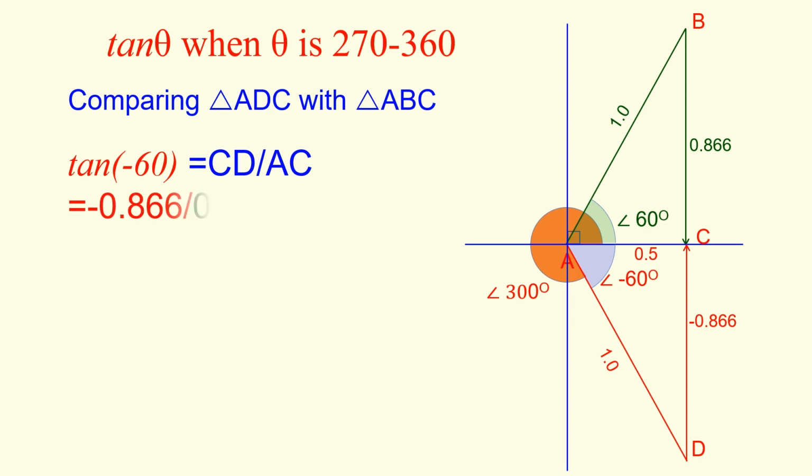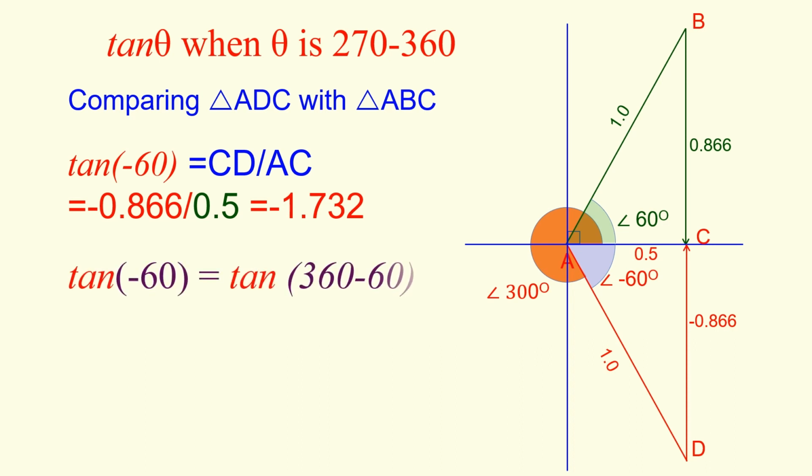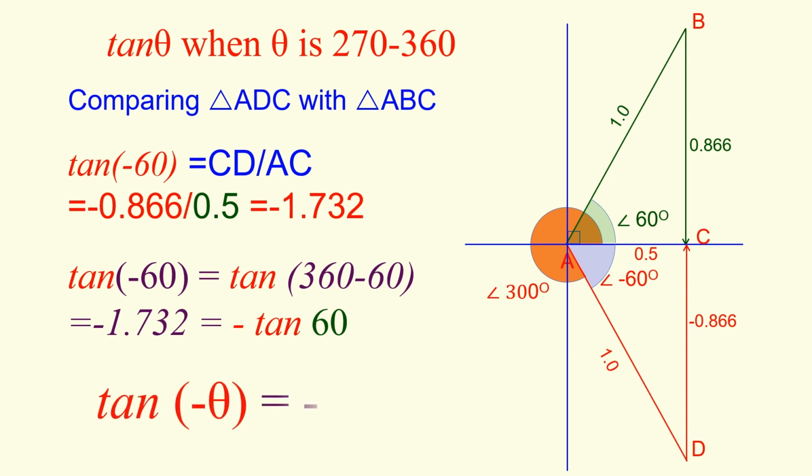Compare triangle ADC and triangle ABC. Tan minus 60 equals CD by AC, or equals minus 0.866 by 0.5. Or we can say tan minus 60 equals minus tan 60, which implies tan minus theta equals minus tan theta.